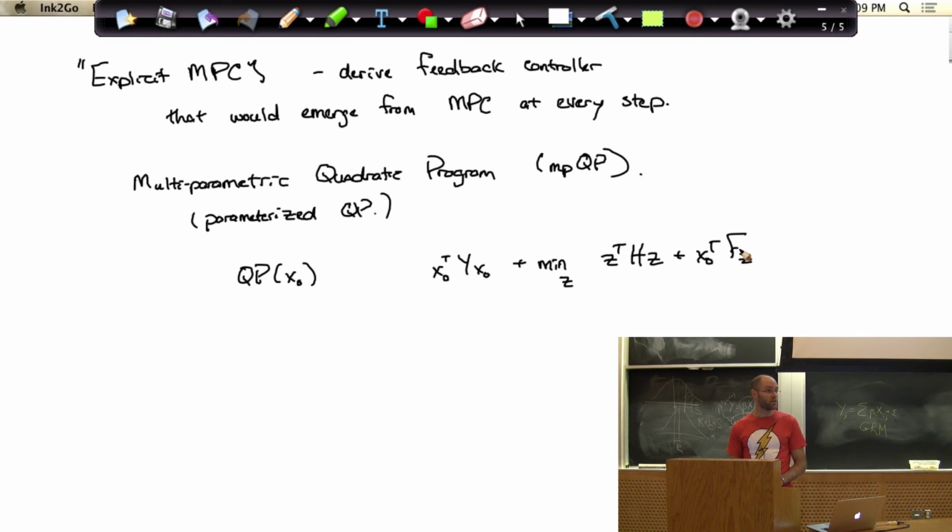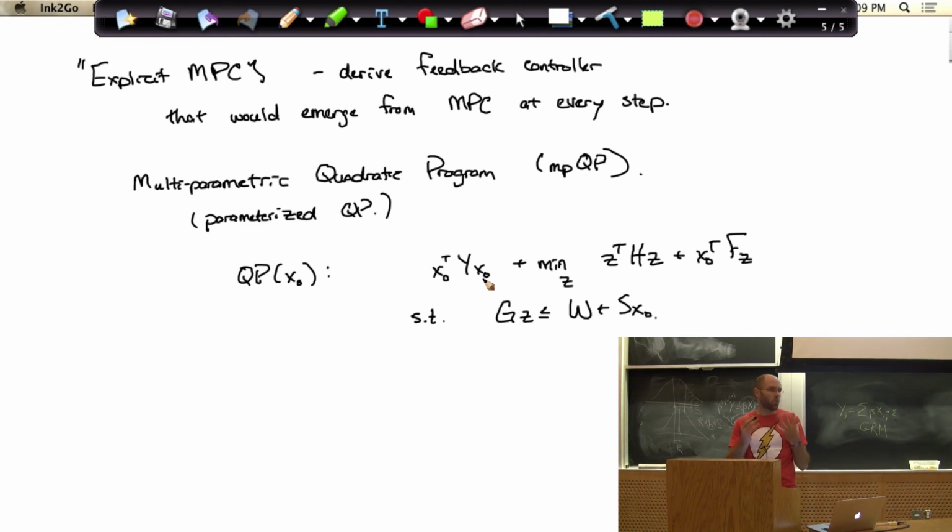Those letters are not to be taken seriously. They're just big matrices. I debated whether to write that down at all for you, but just to give you a sense of the class of problems that are the multi-parametric quadratic program. It's got a quadratic program on the inside. It's parameterized in a quadratic way by some parameters, which I've written x0 to be consistent.